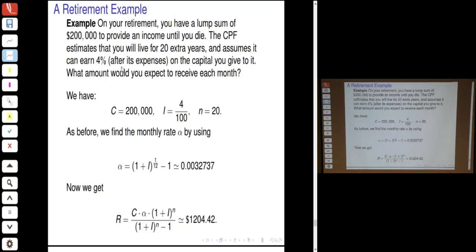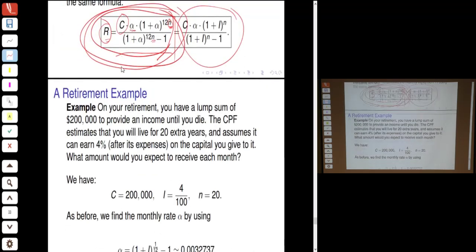So what is the amount you would expect to receive at the end of each month? So let us do the yoga and use the formulas that we have just learned in the last few slides. So in the last slide, this was the formula. C is the total amount of money you invest with the CPF board, so it's 200,000.